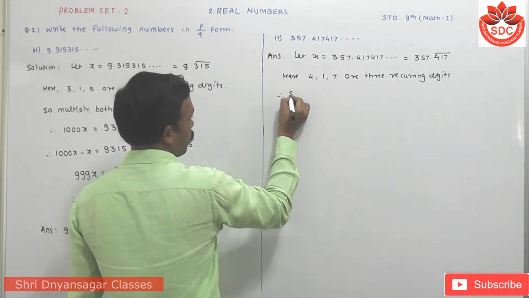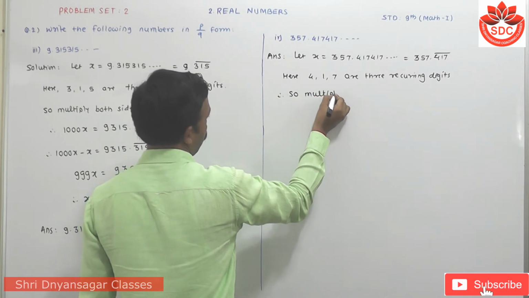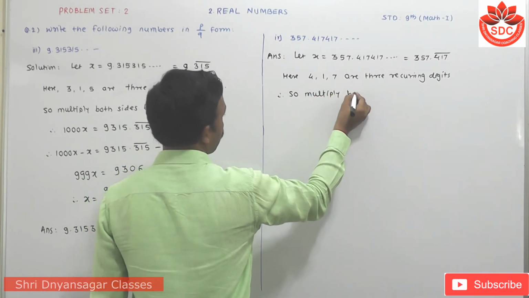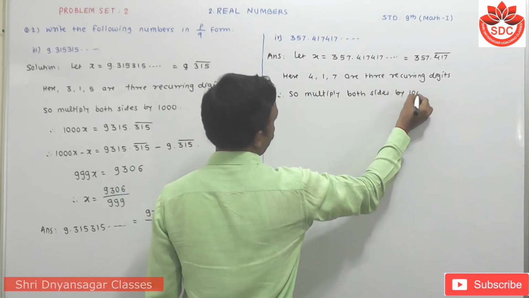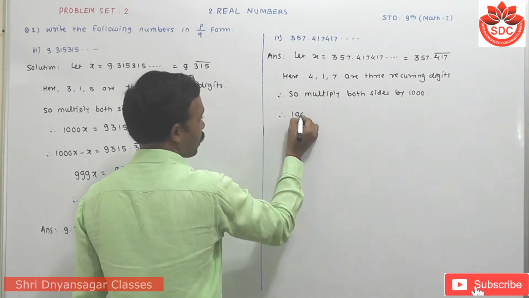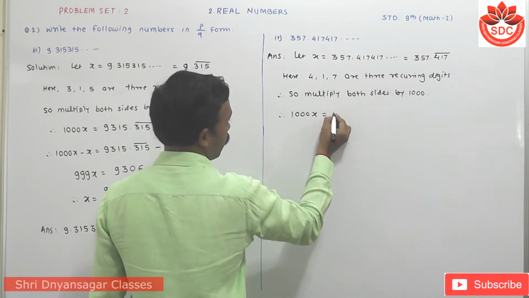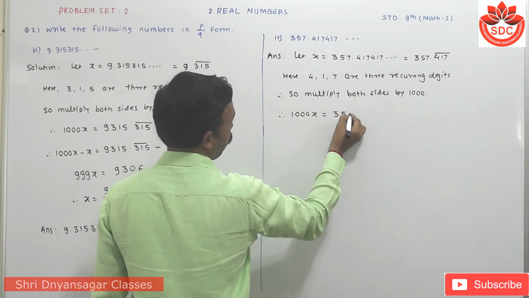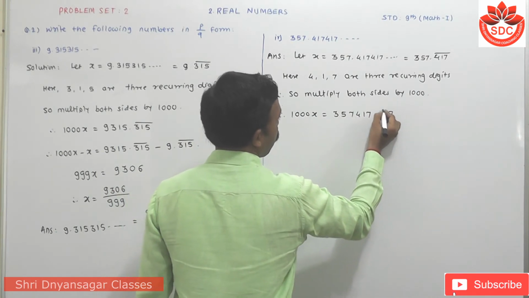Therefore, multiply both sides by 1000. When we multiply it by 1000, it becomes 1000x equals, and after 3 digits there is the decimal point, so 357417.417 recurring.